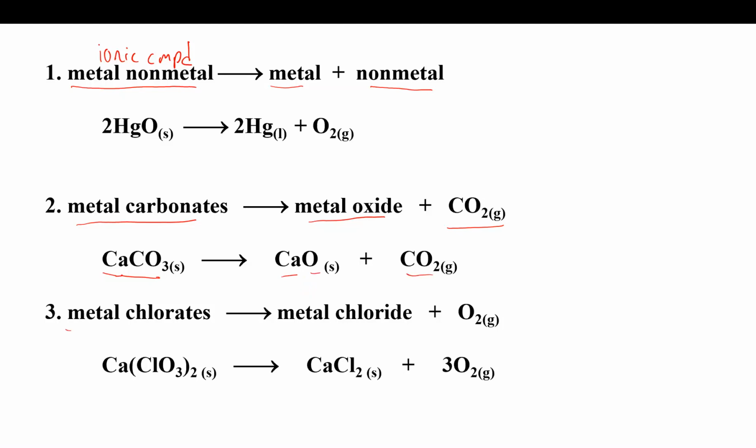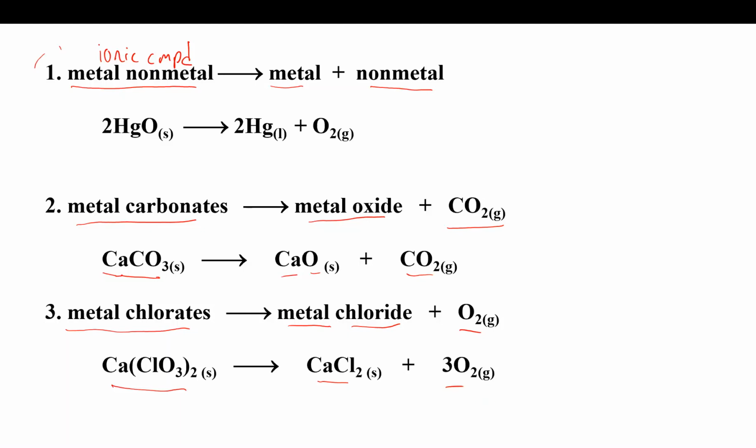So again, in every single one of these sample decomposition reactions, we have one reactant breaking down to two or more products. The third I want to bring up is, for example, metal chlorate. Metal chlorates break down to metal chlorides and oxygen gas. And we see here that calcium chlorate breaks down to calcium chloride and oxygen gas.